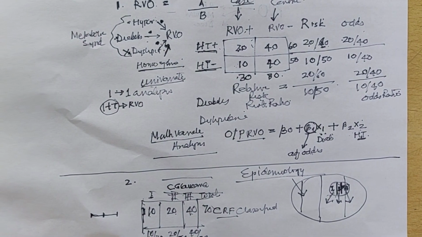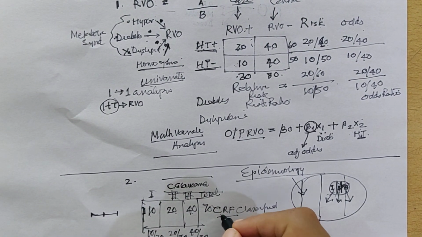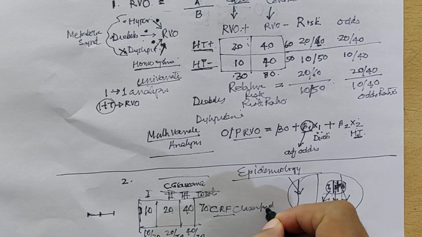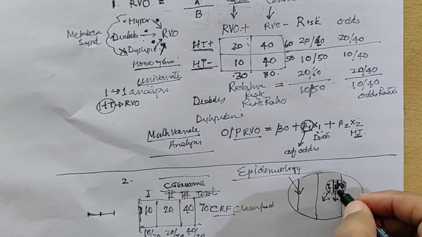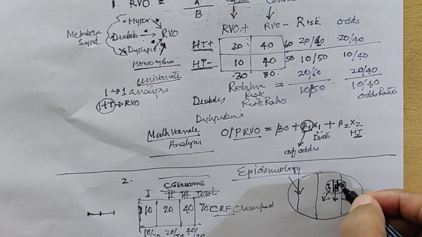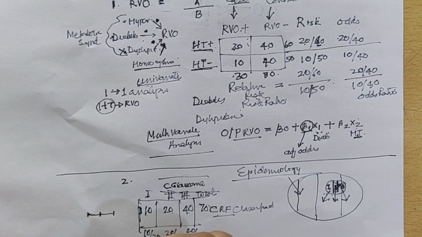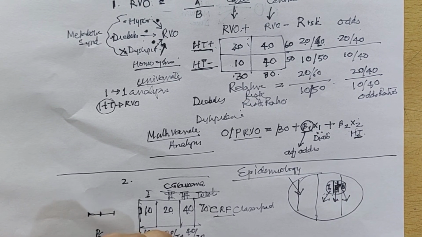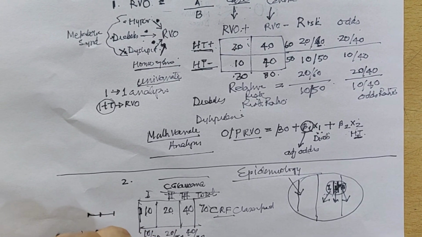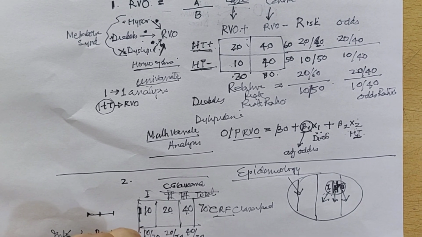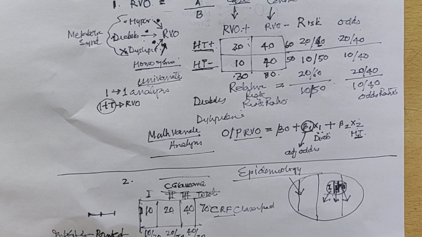So this is the childhood glaucoma study in which you are trying to apply the CRF classification on the study population, and you want to generalize it to the general population. So you are converting this point estimate into an interval estimate, and that interval estimate is defined by the 95% confidence interval.